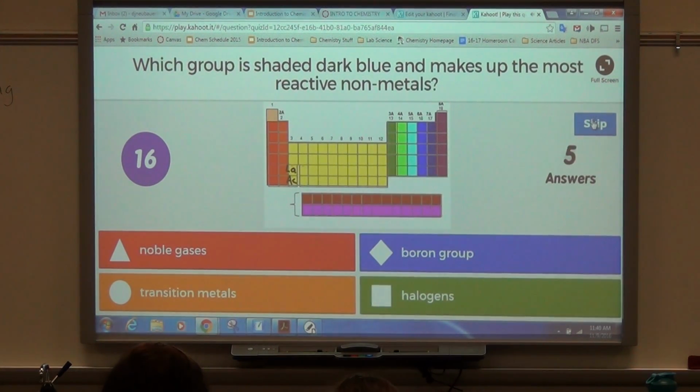This one I look dark blue on you guys. Sorry, but it's most reactive non-metals. That should be helping us out here.